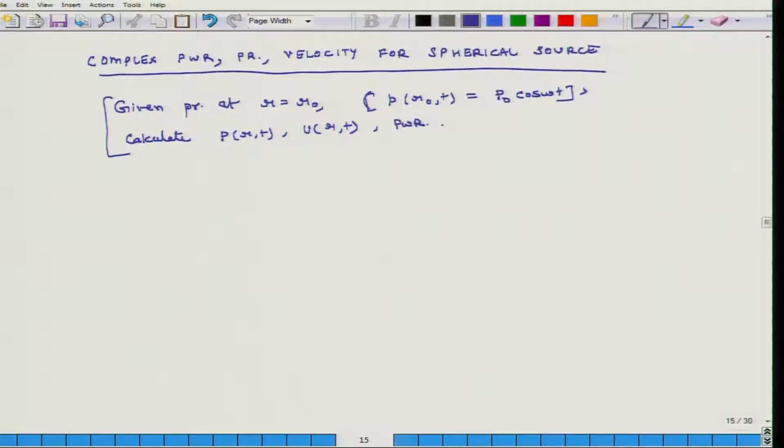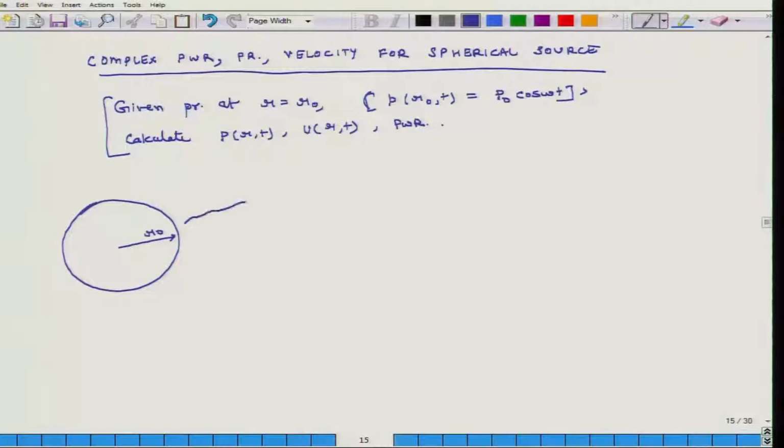To give you a perspective, suppose there is a sphere with a radius of r naught, and the sphere is uniformly expanding and contracting. So, it is producing sound. As a consequence, the sound is propagating in all the directions uniformly, and at a location close to the surface of the sphere, the pressure is P naught cosine omega t.